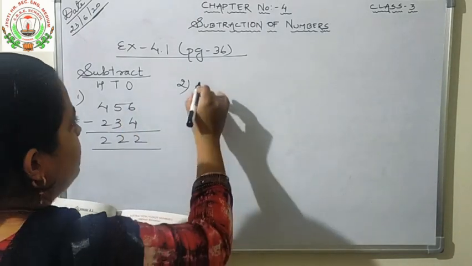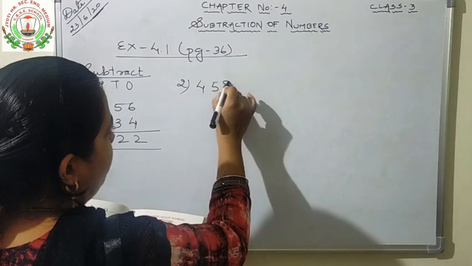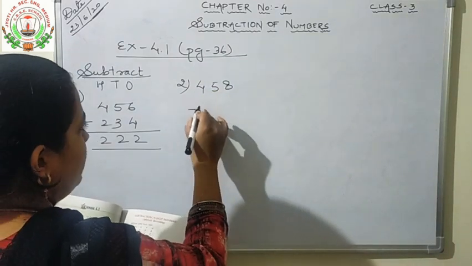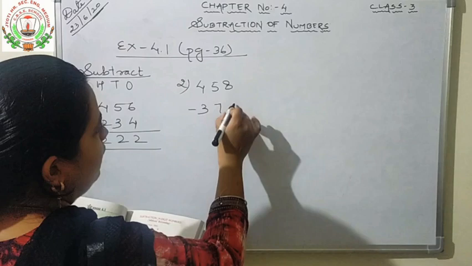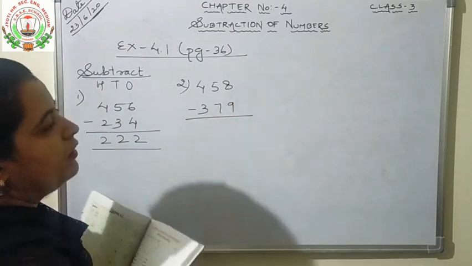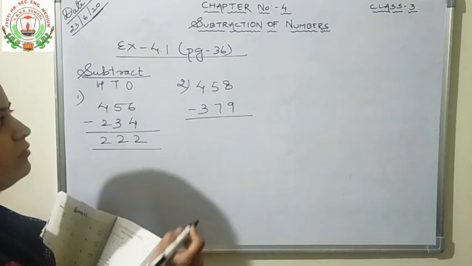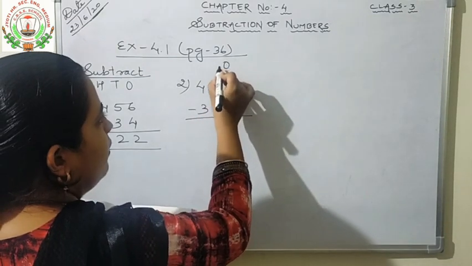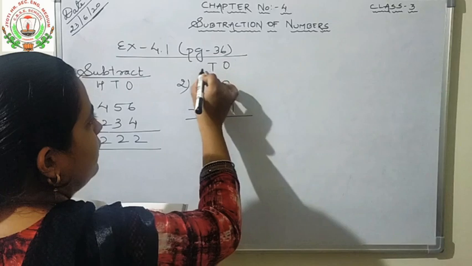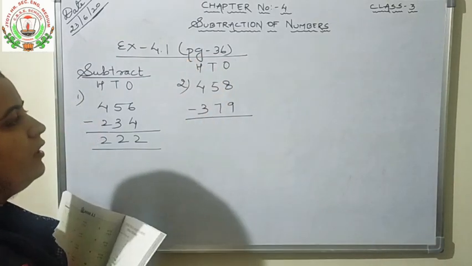Question number 2 is 458 minus 379. Remember, our first step is to write the place value of the numbers: ones, tens and hundreds.